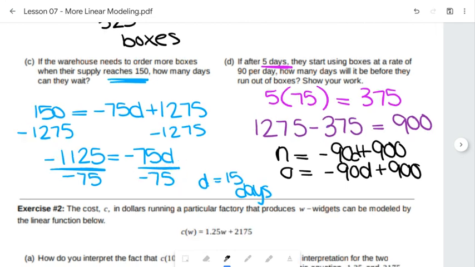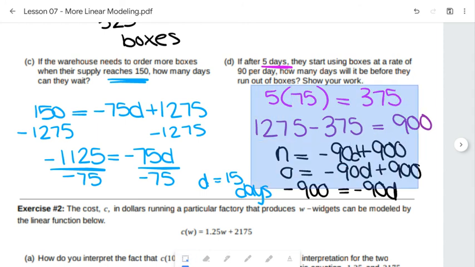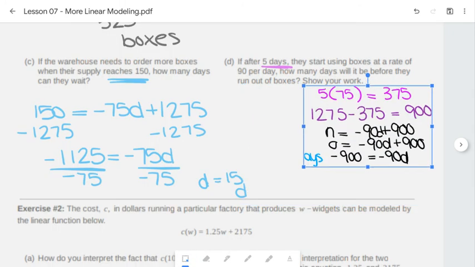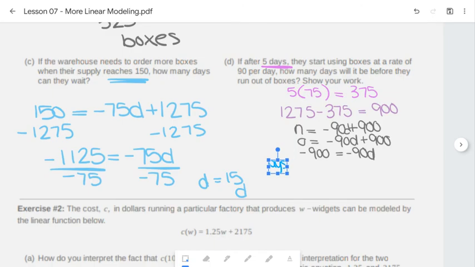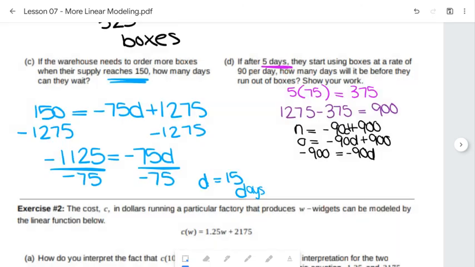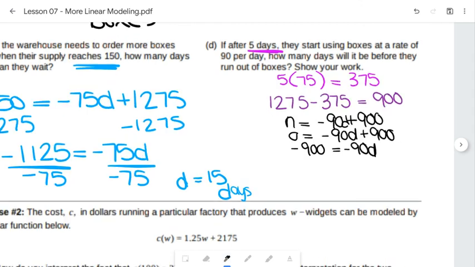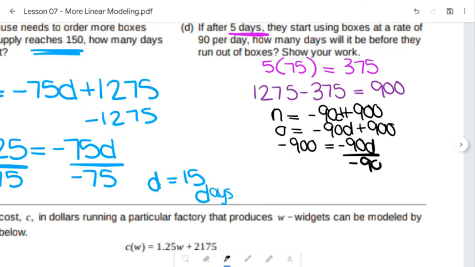Now I'd subtract the 900 from both sides. It's going to be negative 900 equal to negative 90d. I'm just going to shrink this a little bit so I can fit a little bit more. But in this case, I'm going to divide both sides by the negative 90.